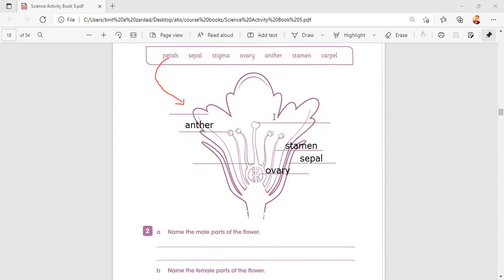And this is the stigma, the female part of the flower. Stamen is the male part, and the stigma is the female part of the flower. And carpel is the name for the whole female part. So you can write it here, carpel.